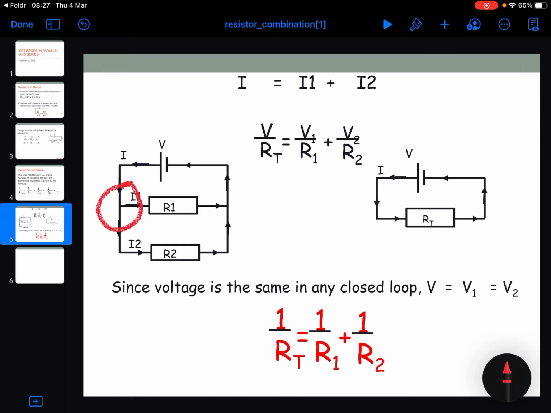So if I say I equals I1 plus I2, I can then use Ohm's law again to say V over RT equals V1 over R1 plus V2 over R2. Since voltage is the same in any closed loop, so we're using Kirchhoff's second law again here, V, V1 and V2 are all the same. So again, I can get rid of them from the equation, giving me 1 over R total is 1 over R1 plus 1 over R2.